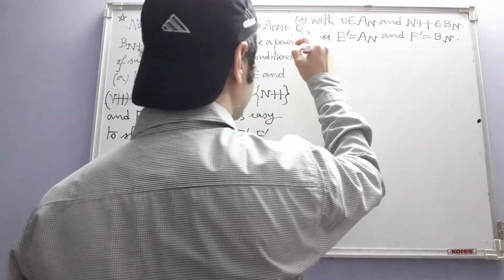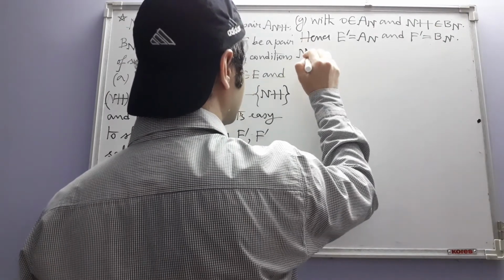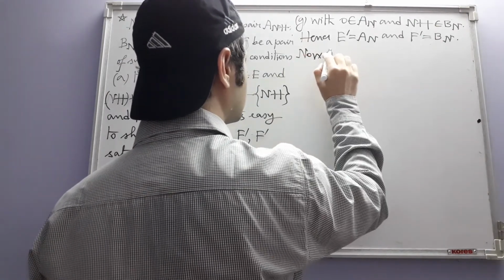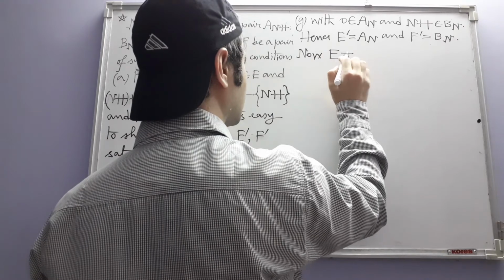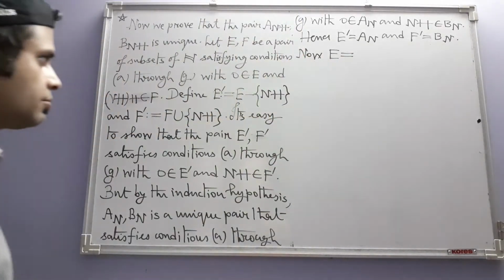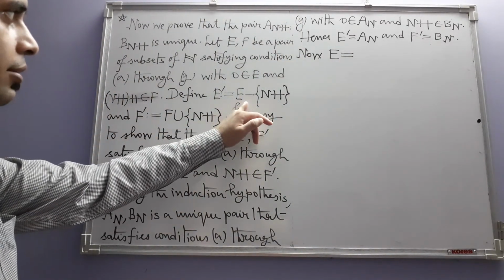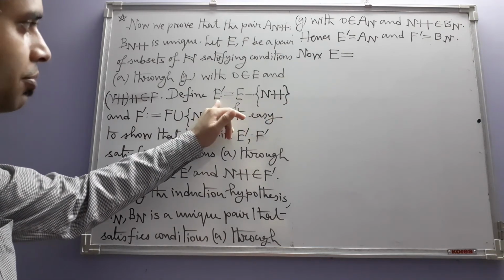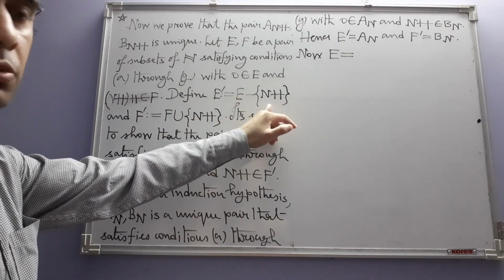Let's see how. Now, what is E? E can be written in terms of E prime and n plus plus. How?